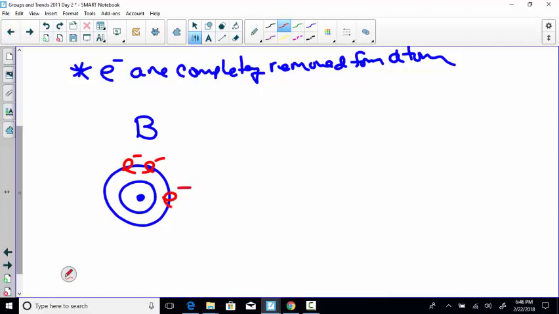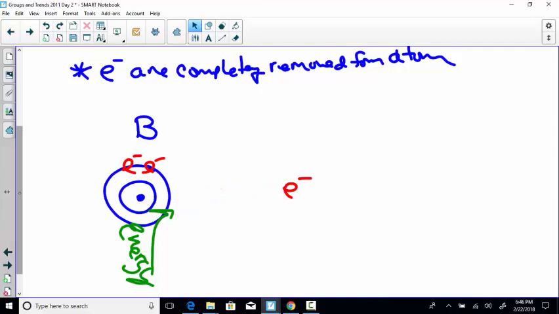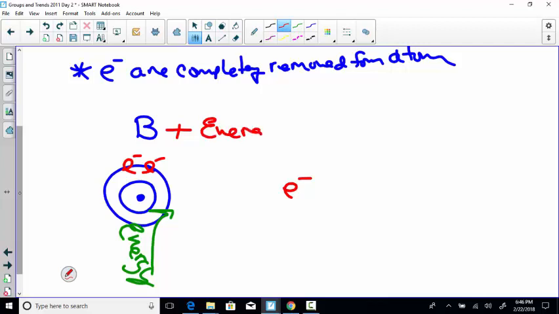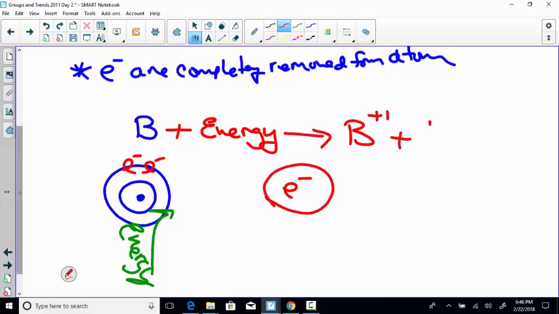What I can do with this is add energy to the atom, and when I do that, an electron can be stripped off. So I take boron and add energy to it. I can make boron become a +1 charge, and then I have 1 electron left over.